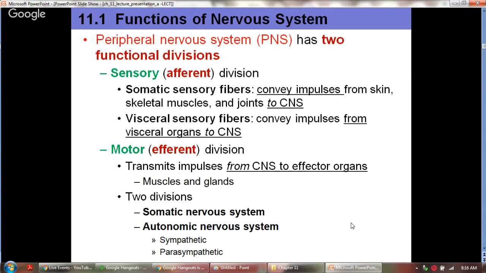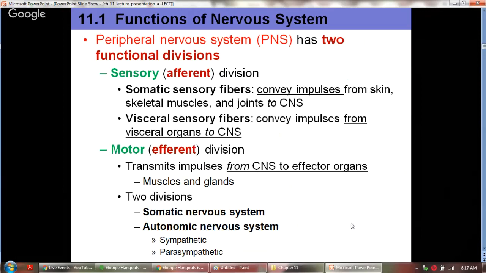The somatic sensory fibers convey impulses from the skin, skeletal muscles, and joints to the central nervous system. The visceral sensory fibers carry impulses from the visceral organs to the central nervous system. The motor division transmits signals from the central nervous system to the effector organs, such as the muscles and the glands.